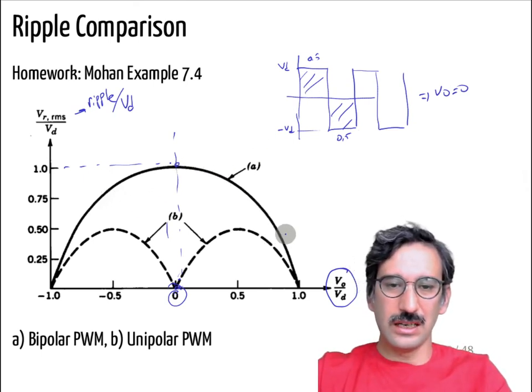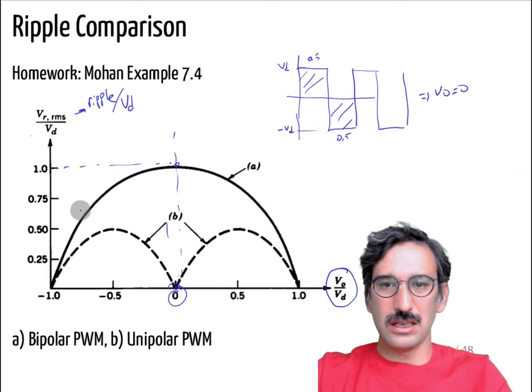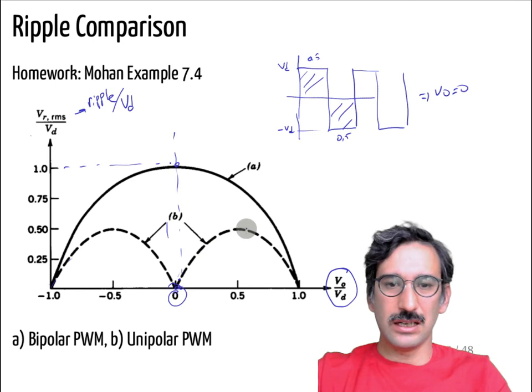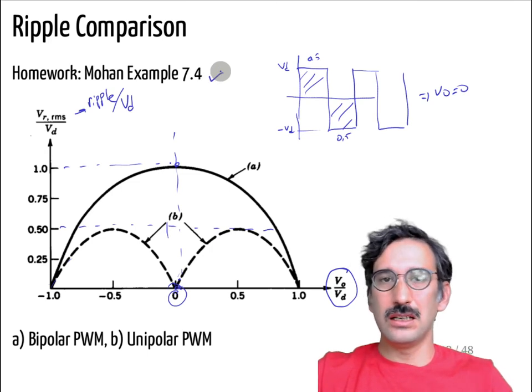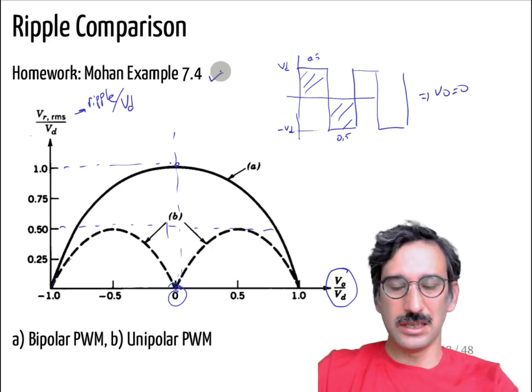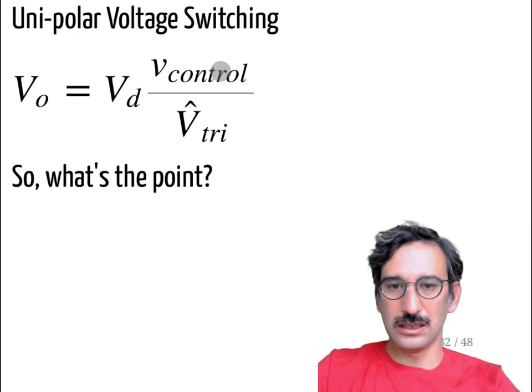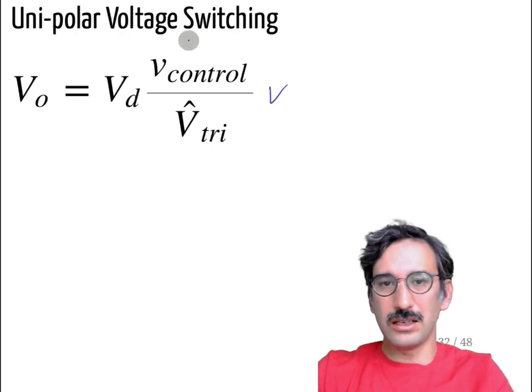Then you have reduced ripples. However, if you look at the unipolar PWM, then it will have quite less ripple. Okay, again, I suggest you have a look at that example. But I would like to show why we are getting into that kind of thing and how we can generate that control.